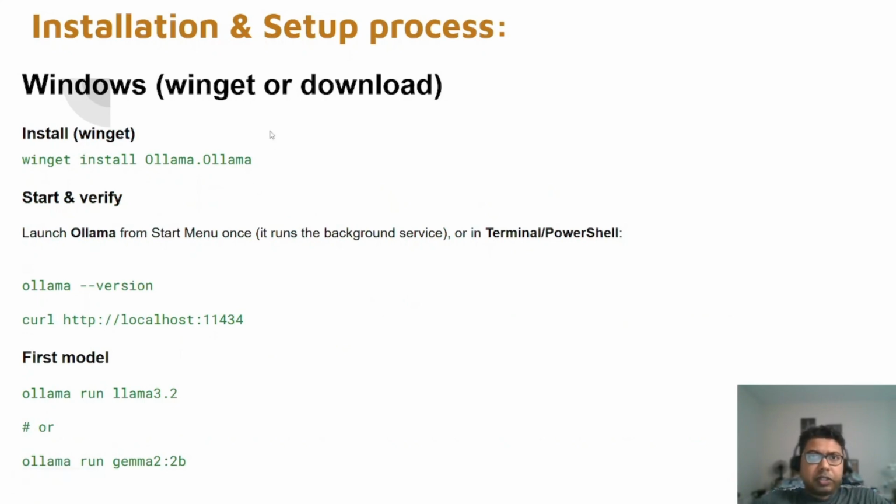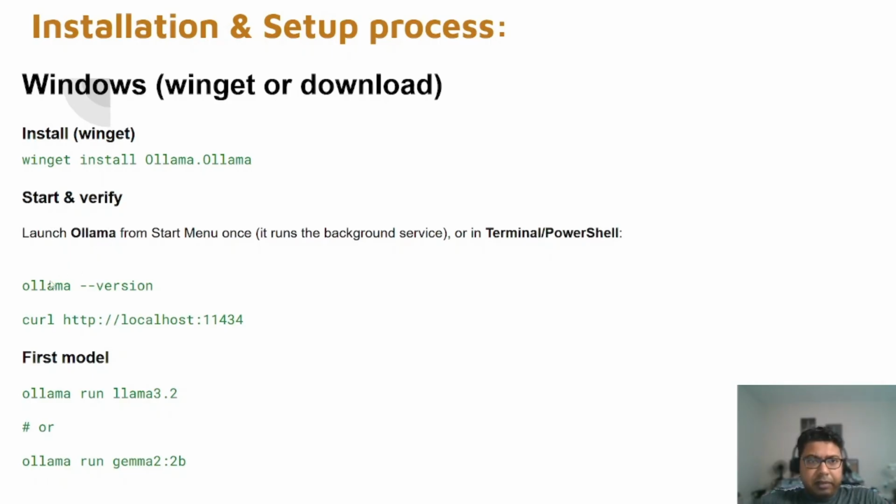Now, how to install and set up on Windows. If we are using winget, we can run this command, else we can download the installer, double click and install it on our machine. That way we can easily install. I'll show how to do that after these slides.